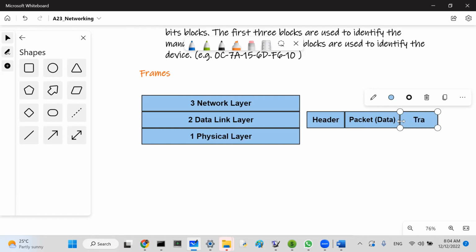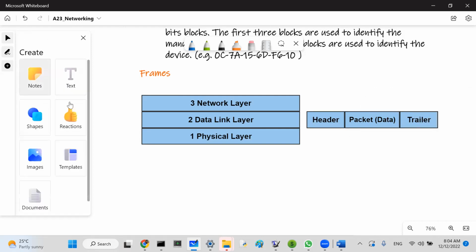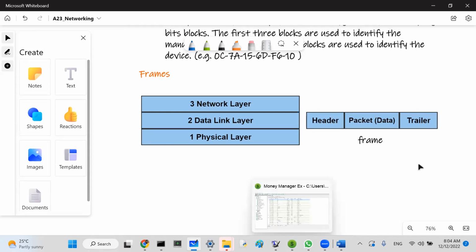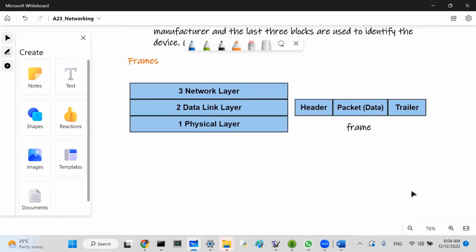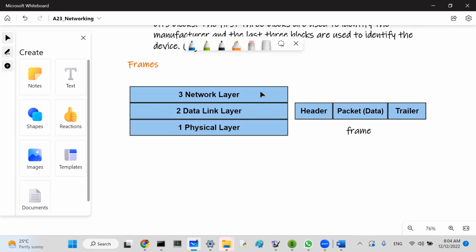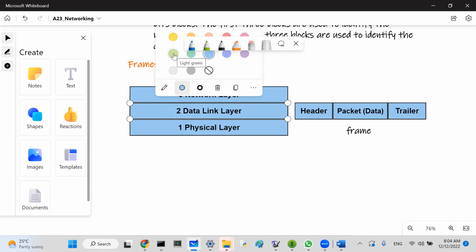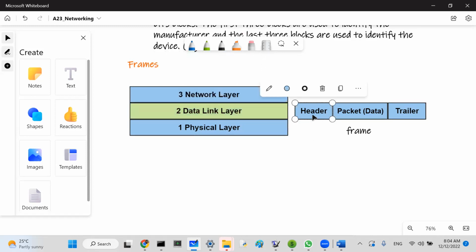So this is called a frame, and the frame is what we use to transmit the data. Now within the header part of this, we have the MAC address. That's what we want to say. Maybe you can draw these three in a different color, and we have three parts.